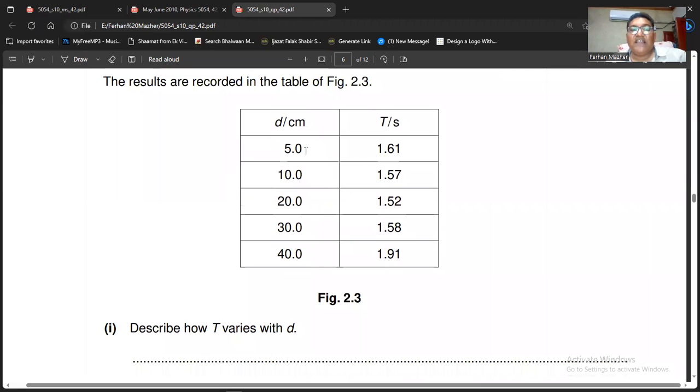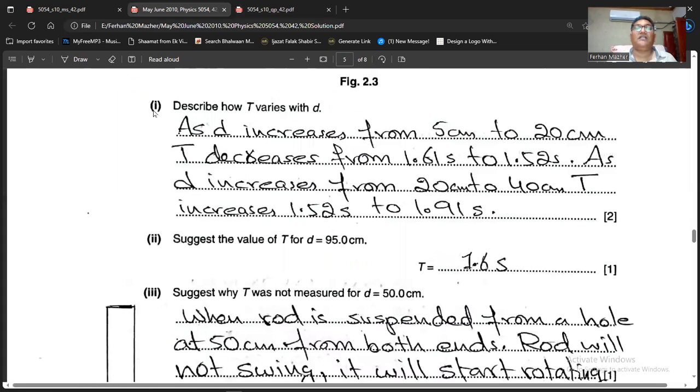You see, when the d increased from 5 to 20, the value of the time has decreased from 1.61 to 1.52. When the d increased from 20 to 40, the time has increased from 1.52 to 1.91. This is what I am telling you from that table.